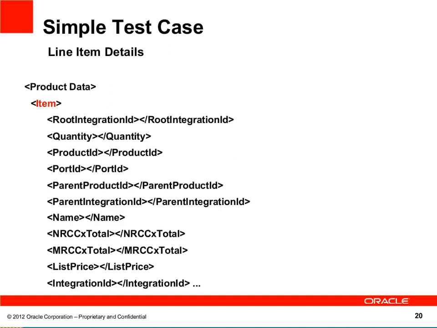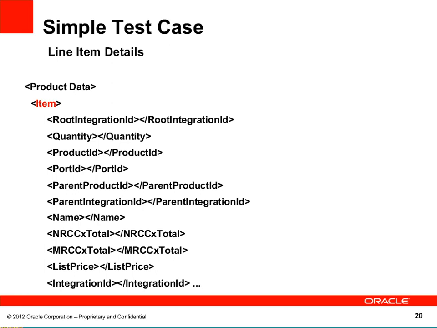First, the details. In the structure, we have not only specified what we want to do and which quote and quote item we want to load, but we also have a part which is product data. And this part is only present to specify what we want to get returned.